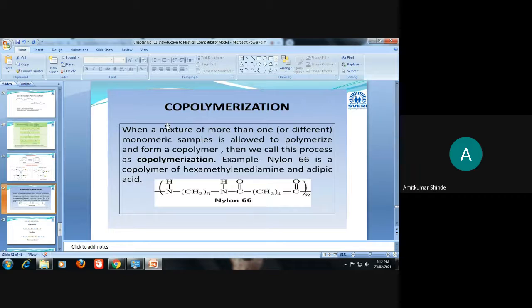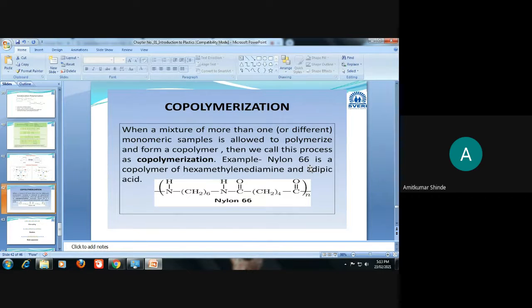For example, nylon 66 is a copolymer of hexamethylene diamine and adipic acid. In the formation of these monomers, hexamethylene diamine and adipic acid, one polymerization has already occurred, and after that another polymerization will take place to form the nylon 66 polymer.